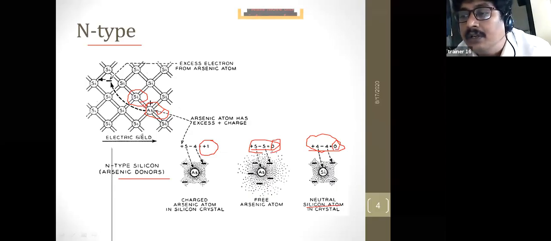So silicon receives the electron. That means it is an acceptor. The silicon is the acceptor. N-type: that means arsenic is the donor and silicon is the acceptor. That means it receives the charge. See here, this is my minus 4, 5 minus charge is there, whereas in the silicon 4.